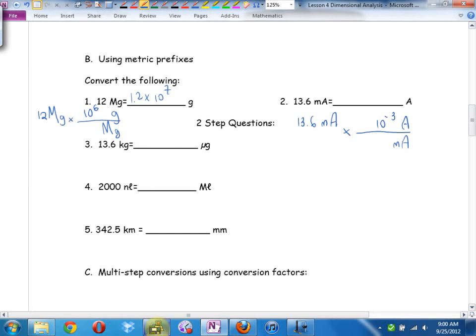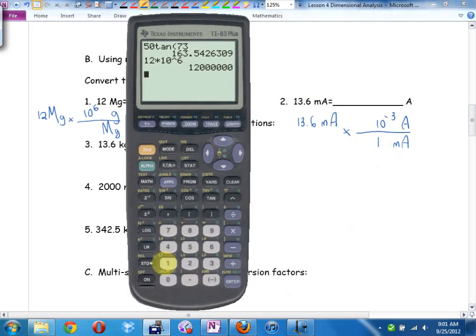Oh, by the way, down here there's technically a 1. Do I need to divide by the 1, or will that make a difference at all? I'll write it if you want, but I'm never going to actually type it on my calculator, okay? On my calculator, I'm going to type 13.6 times 10. You need to know where your exponent button is. If you don't know, ask me later or ask me now, to the negative 3, and I get, 13.6 milliamps is 0.0136 amps.